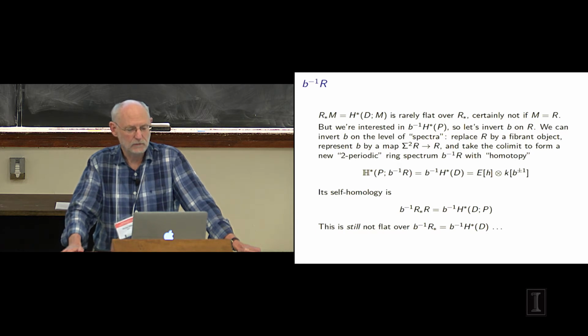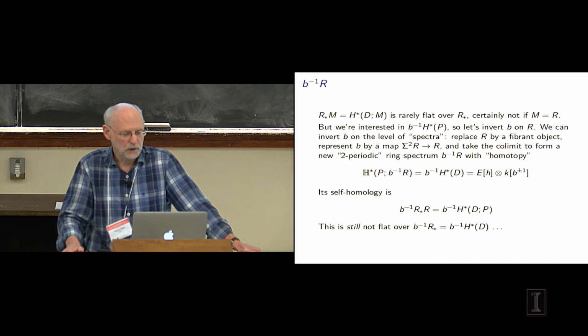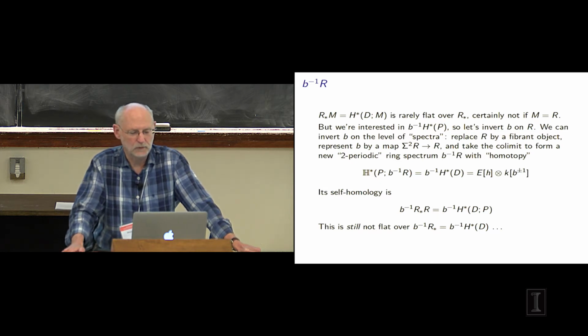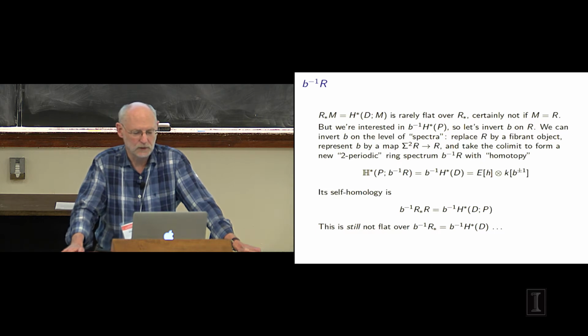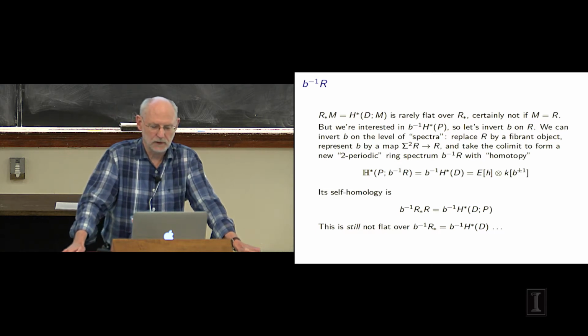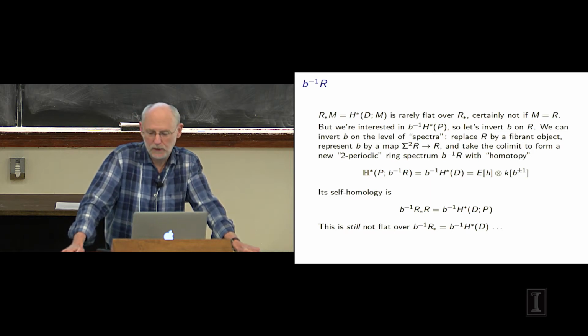And so let's try inverting B on that ring spectrum. So this is going to be a periodic ring spectrum, and I can do that in this stable homotopy category of chain complexes, just the way you invert the Bott class or anything else. And so the effect of that is to invert B in the coefficient ring.